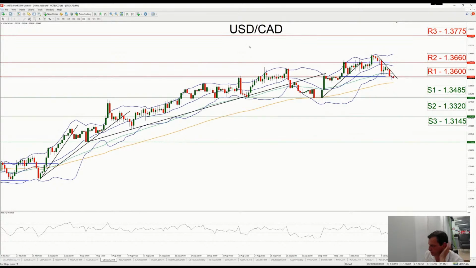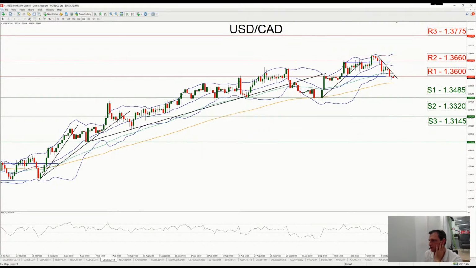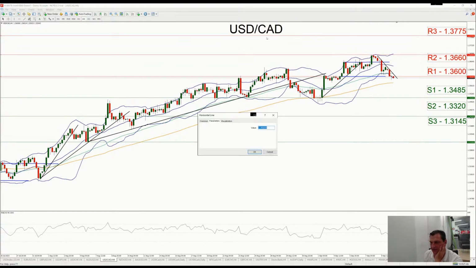Okay, there are some objections about the R1, which I tend to consider also as valid. The objections are for the R2 to be raised up here. Okay. Let's do that. And that would be the 1.3670. We're talking about 10 pips. Sorry. That should be 90.